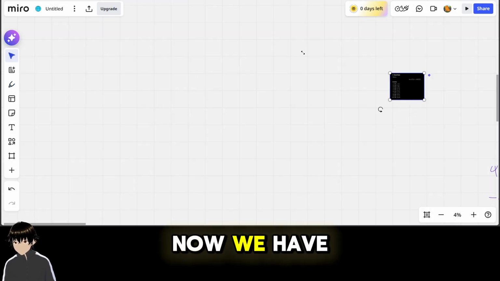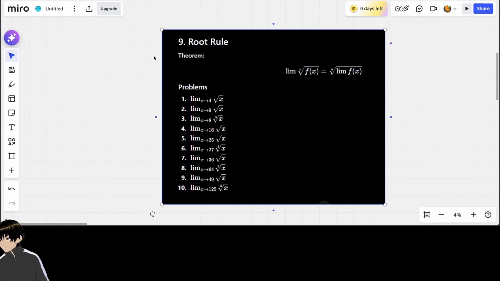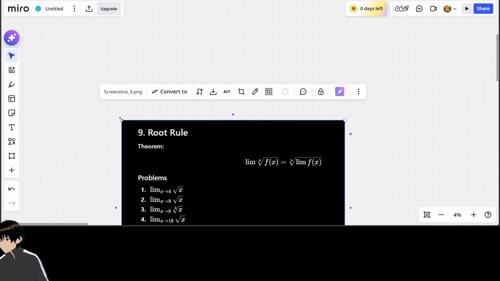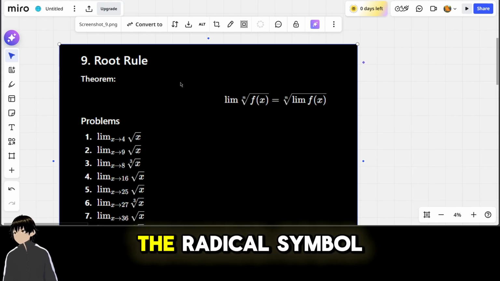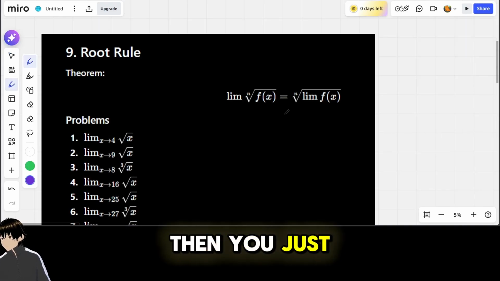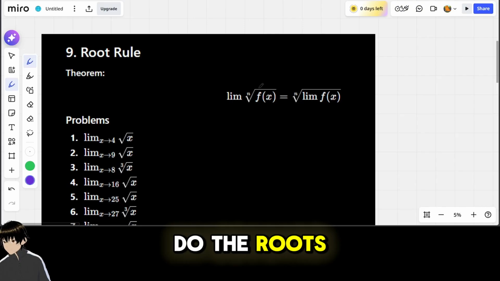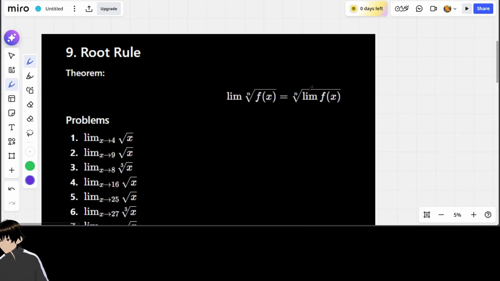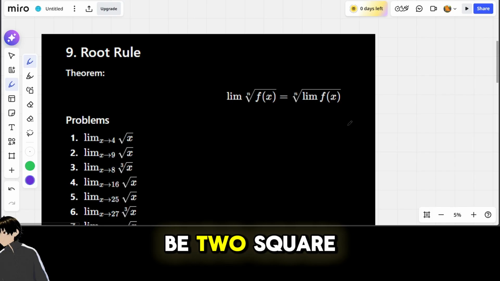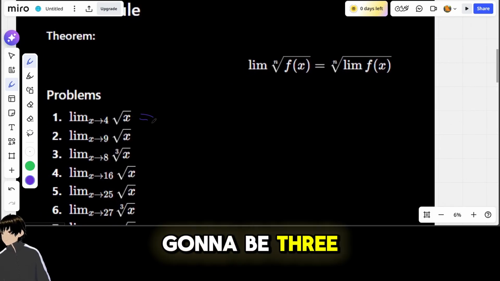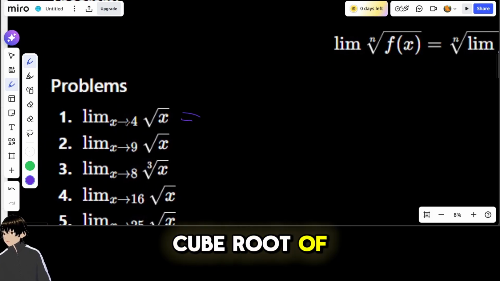Okay, so now we have the root rule. What it says here is you basically just put the limit inside the radical symbol. Then you just do the roots as usual. So what is the square root of 4? It's going to be 2. Square root of 9 is going to be 3. Cube root of 8, okay?